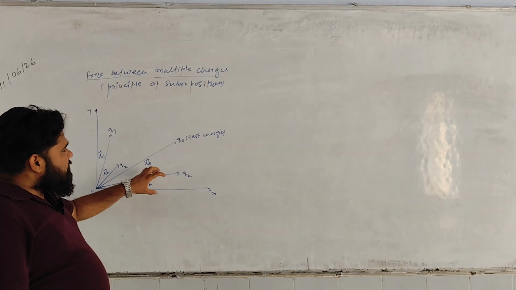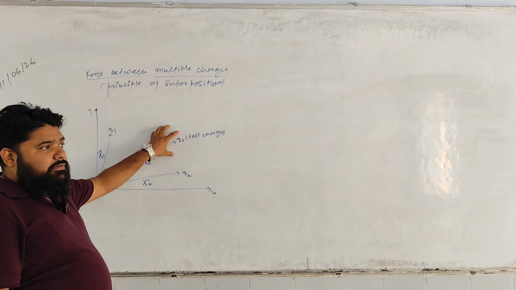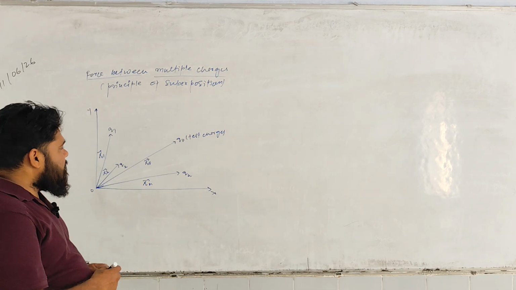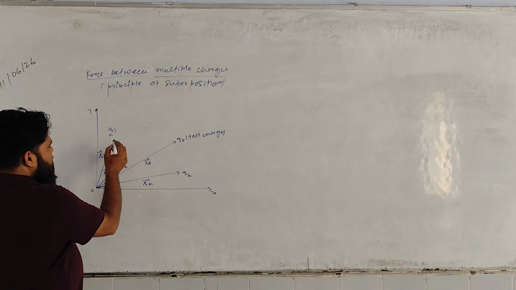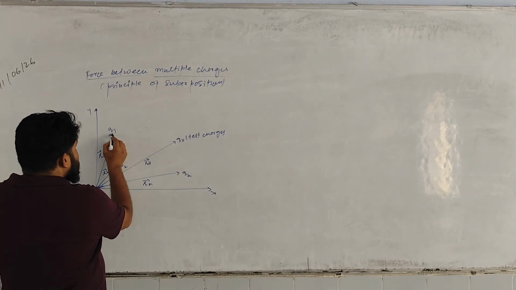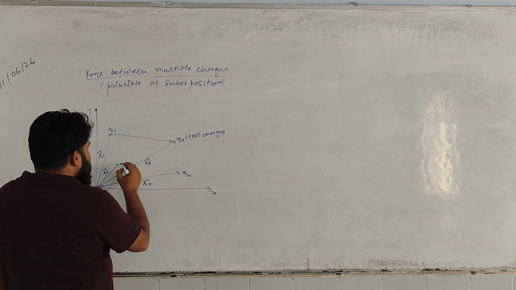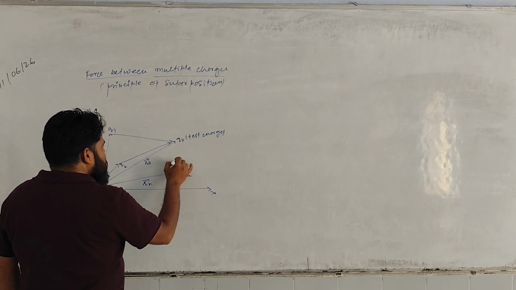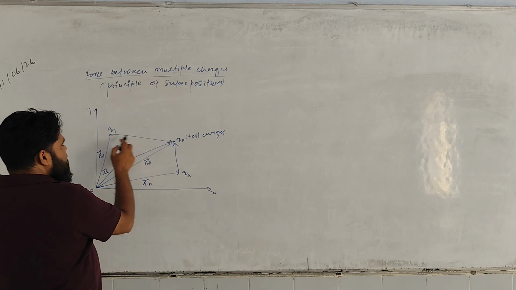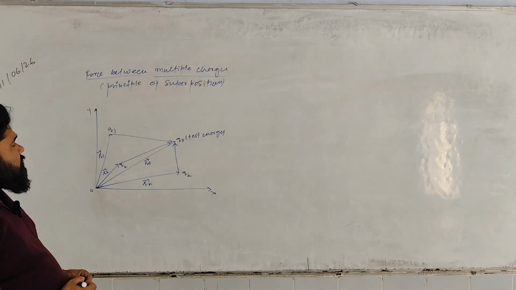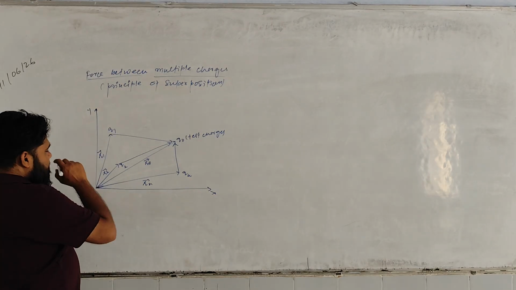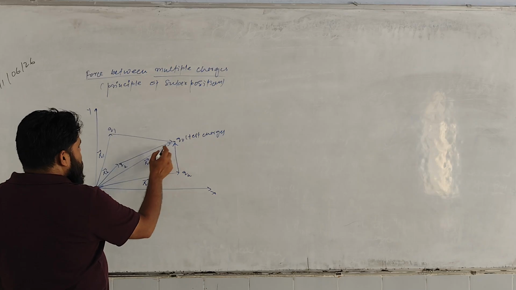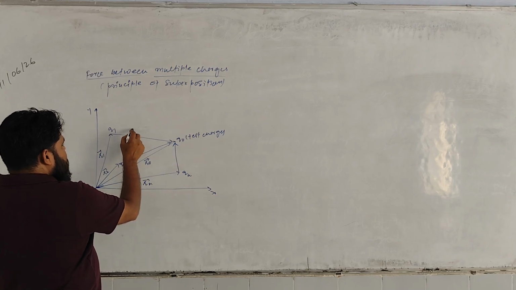Our task is to find the force on q0 due to these charges, and the forces are directed in definite directions. Before finding the force, let's join q1 to q0, join q2 to q0, and join qn to q0. What will be the separation vector leading from q1 to q0? As we know from vector algebra, this is r1 and this is r0.